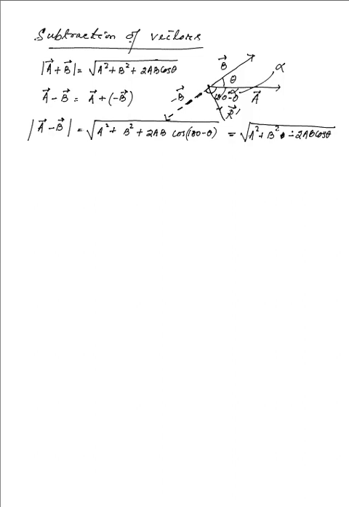So in that case we have tan alpha equal to, by the same process that we had used in the parallelogram law as well as the triangle law of vector addition, B sine 180 minus theta divided by A plus B cos 180 minus theta.